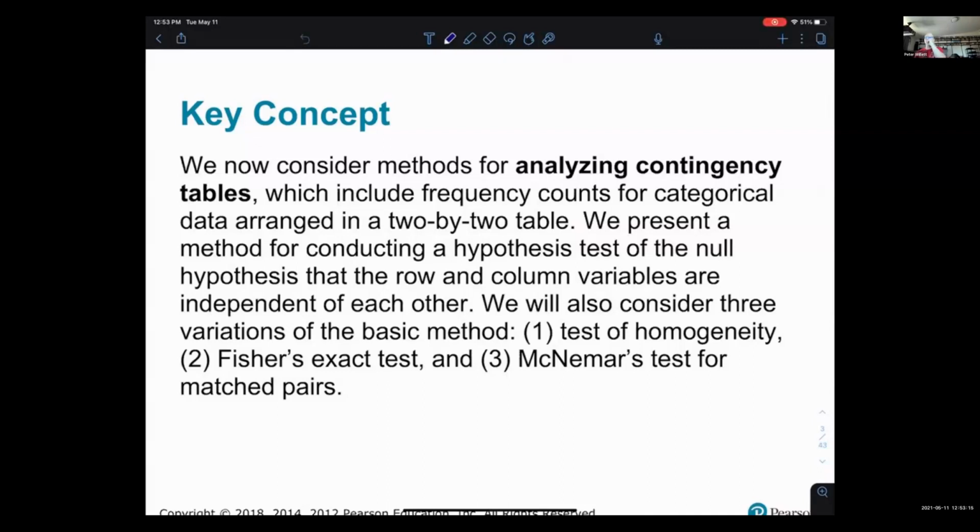We'll also consider 3 variations of this basic method: test for homogeneity, Fisher's exact test, and McNemar's test for matched pairs. But the basic method here involves looking for independence between 2 variables.